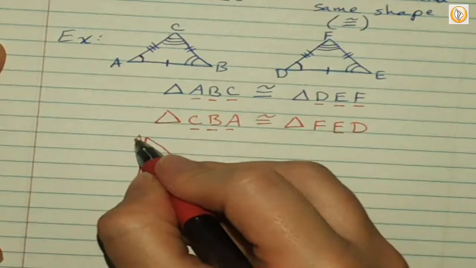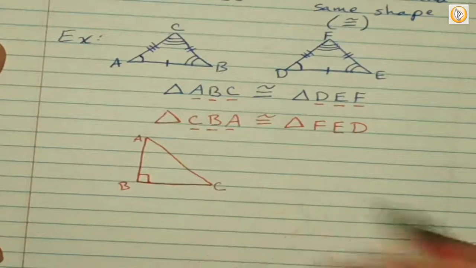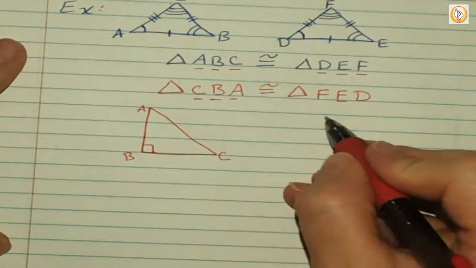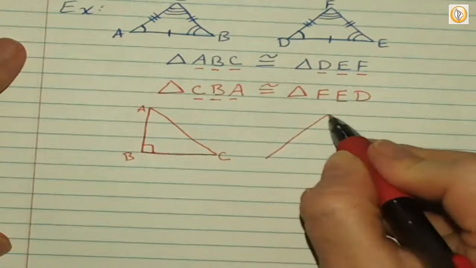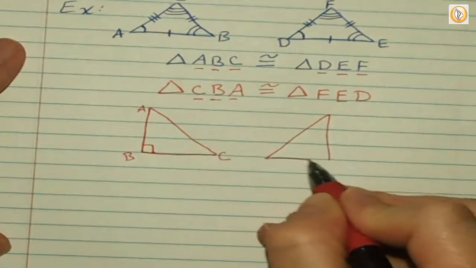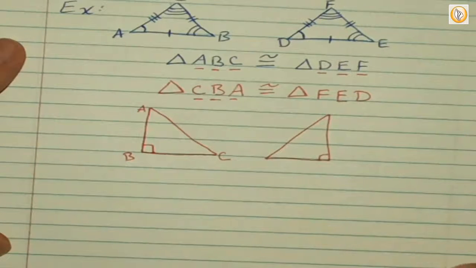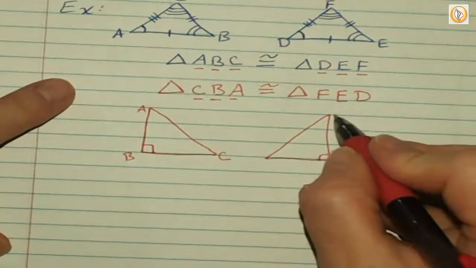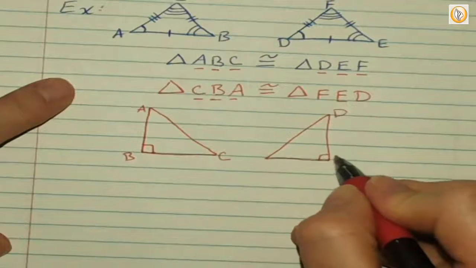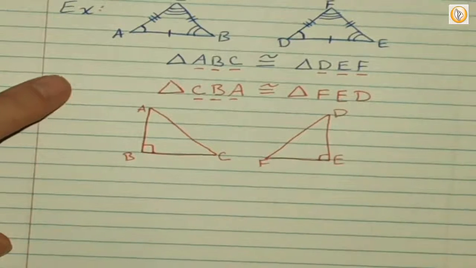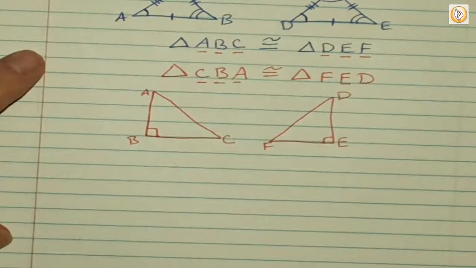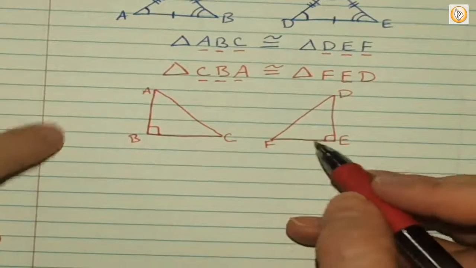And let's call this A, B, C. And it's, okay, these are supposed to be the same. And we call this D, E, F. This is another good question, y'all. He said, what if they're mirrored?